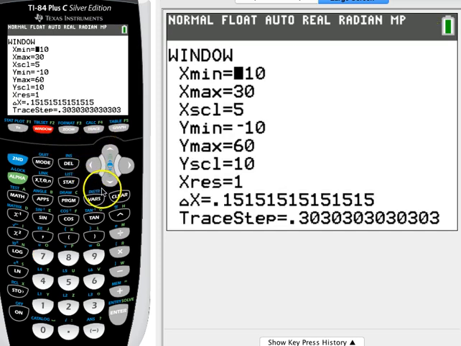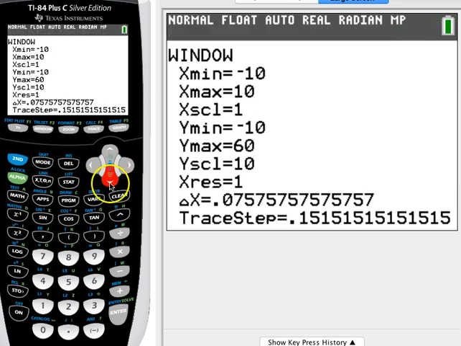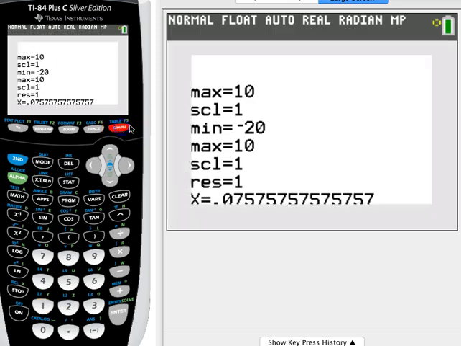So I'm going to change my y minimum to negative 20. This is still adjusted weird from the last time I used this. So we'll change the x to the standard because we don't see anything that tells us otherwise. This will stay 10, and then we'll change this to negative 20. Counting by ones should still work okay. Then we'll hit graph.